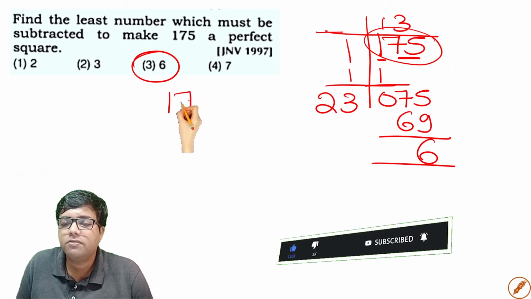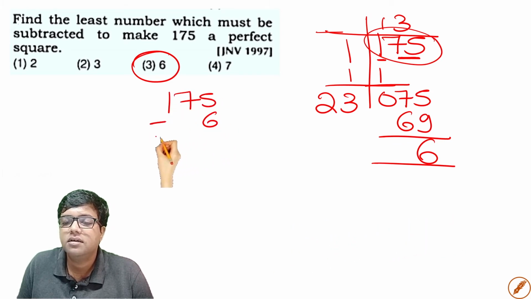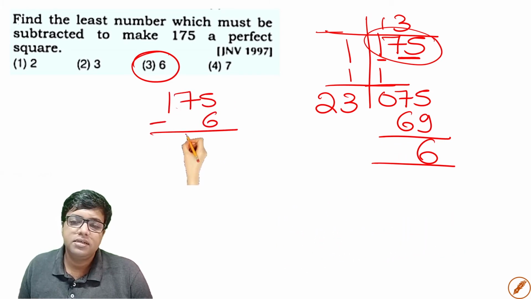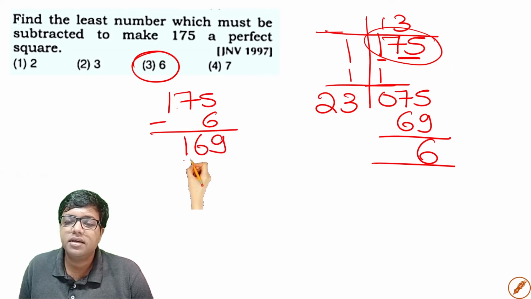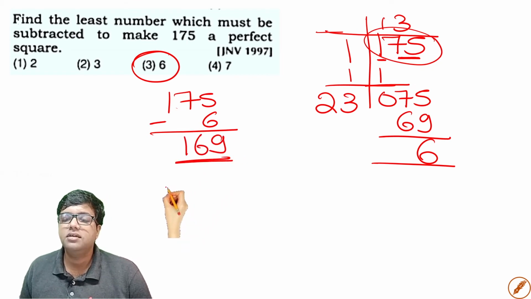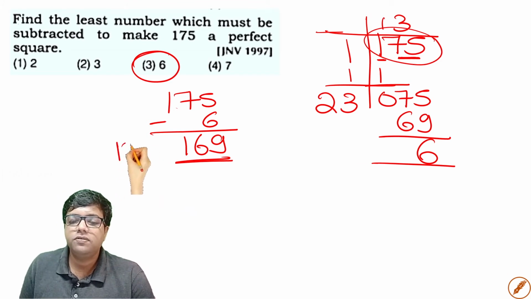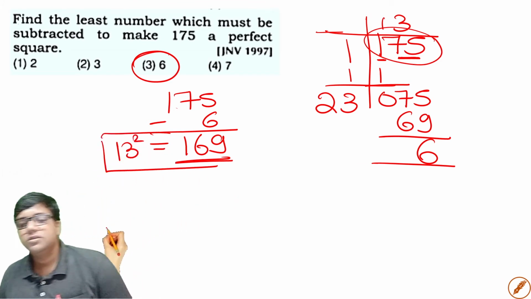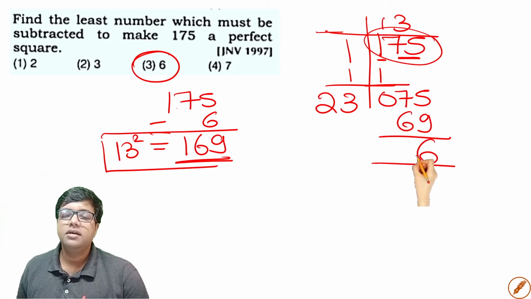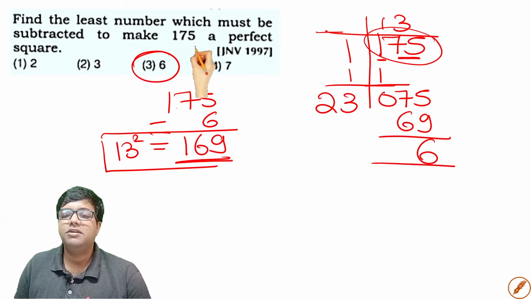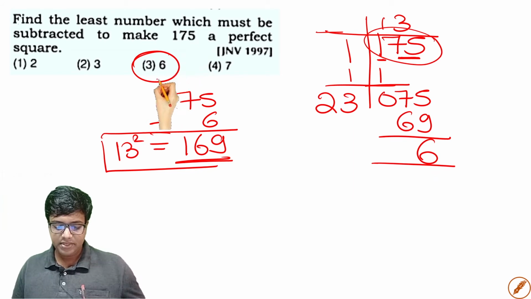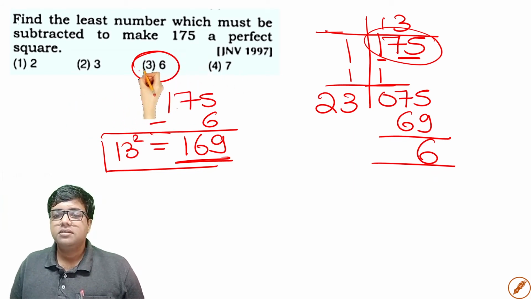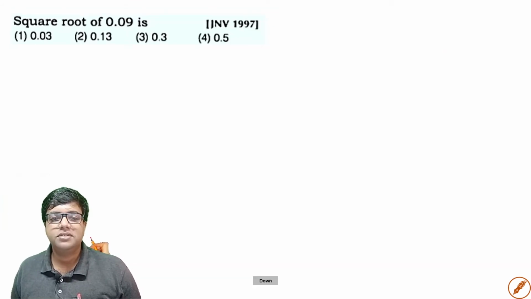If I subtract, 175 minus 6 will give me 169. 169 is the perfect square of 13. 13 square is 169, right? So if it was reduced by 6, it will make it a perfect square. So option 3 is the right answer for this question.